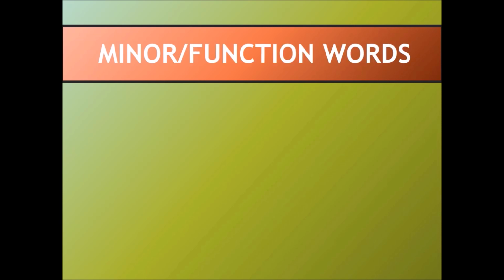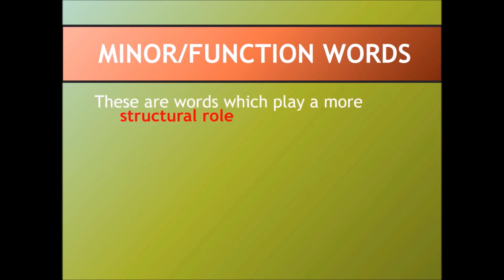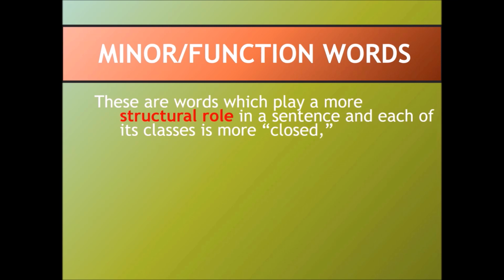This time we have to go to the second major classification of parts of speech, and they are the minor function words. These are words which play a more structural role in a sentence, and each of its classes are more closed in that normally no new words are added.